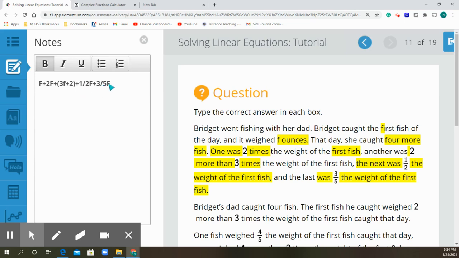So this expression is all to explain how many ounces of total fish that Bridget caught.